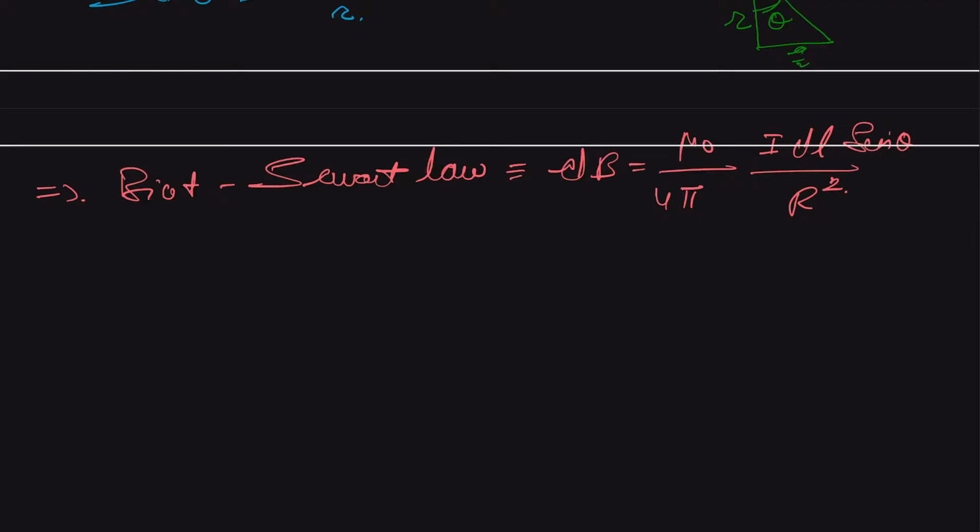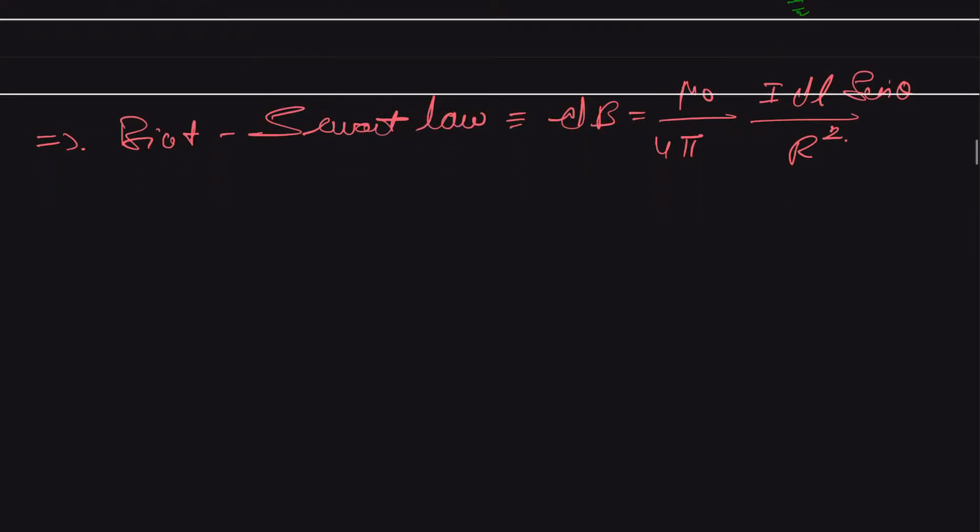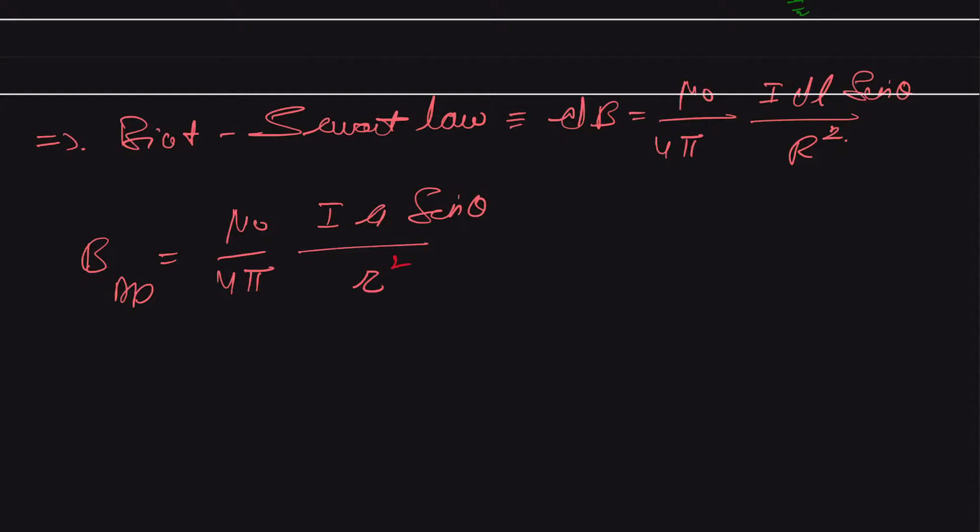Okay, so in this Biot-Savart law, we can just substitute the respective parts and we get that the magnetic field B because of one vertical side, which we can take as AD, will be equal to mu naught upon 4 pi, and this comes as I A sine theta upon r square, and we substitute the value of sine theta.